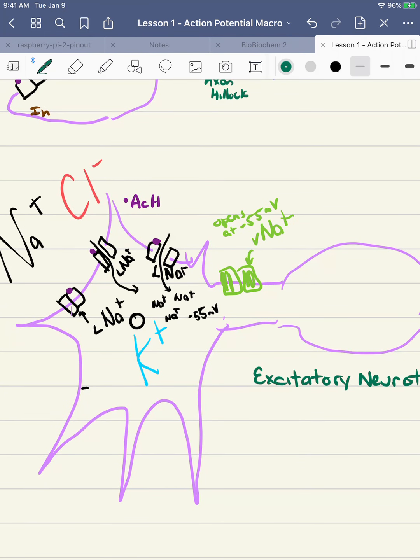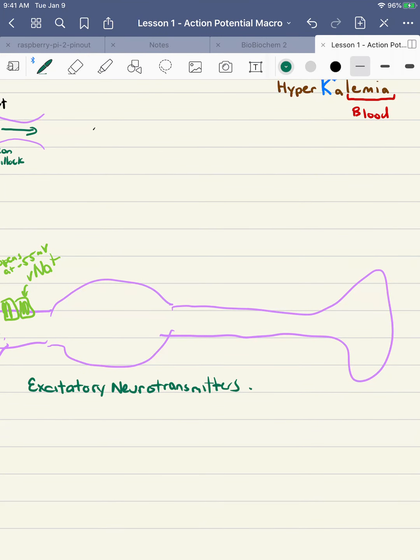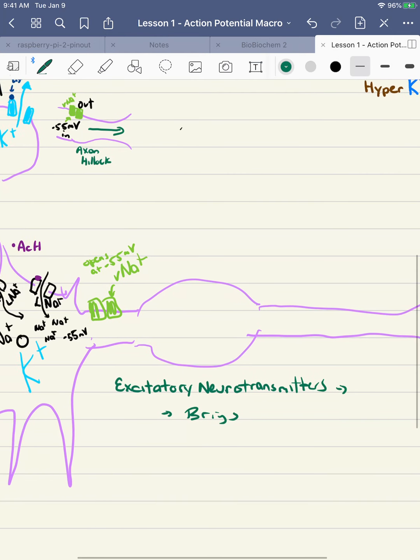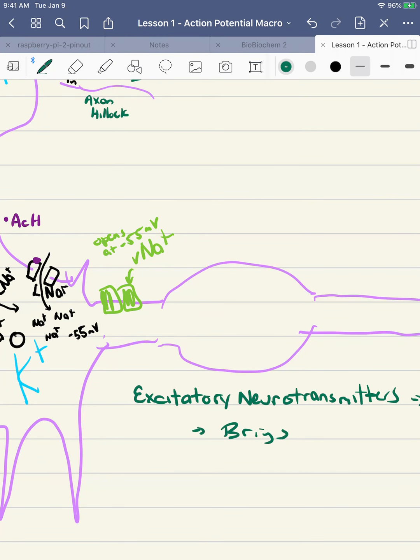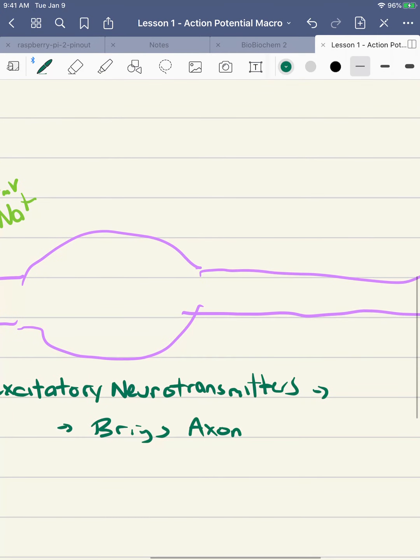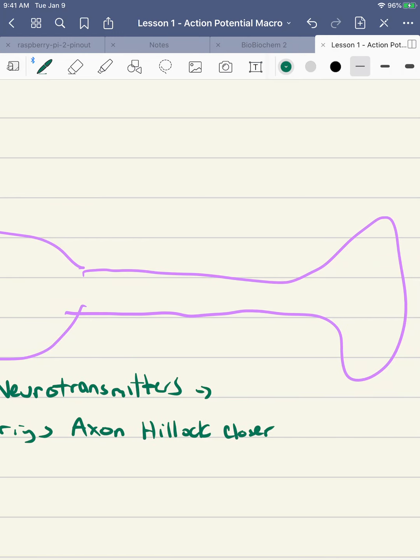In other words, that brings you closer, in this case, our axon hillock, because that's where the initiation of the action potential occurs. Closer to threshold.